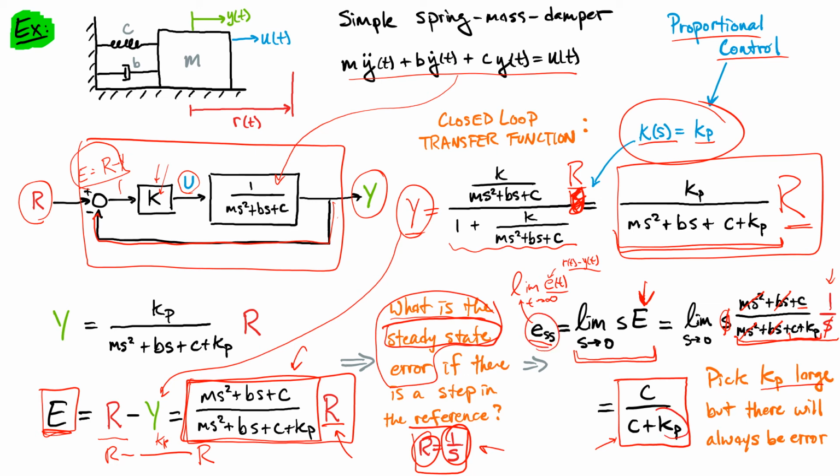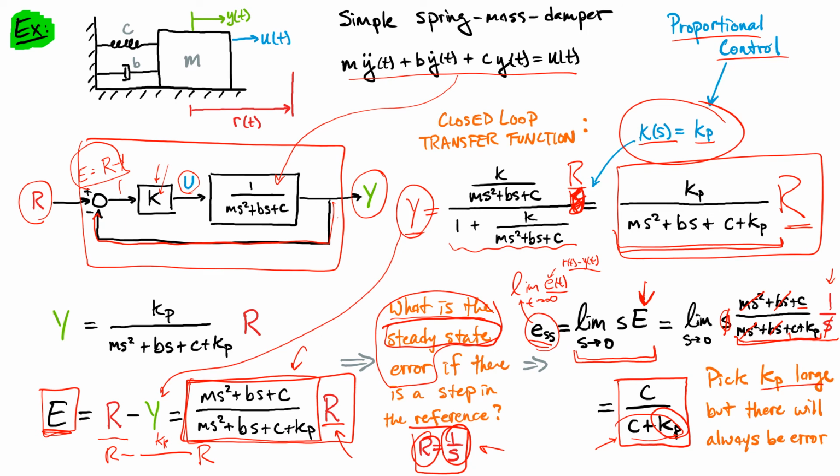And so if we make this kp super large, then that's some nominal value for c divided by something that's really big. And so that's the way that we can use proportional control to get a decent result by picking kp relatively large. And that's essentially considered a high gain approach to driving the steady state error of tracking to 0.